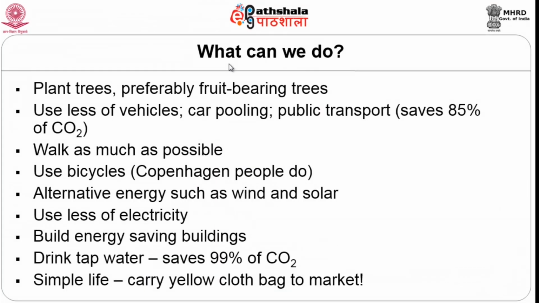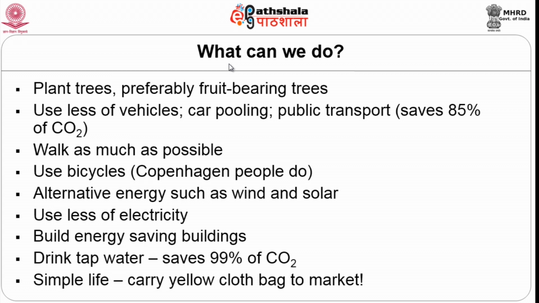One new approach is to plant fruit bearing trees. If you plant fruit bearing trees, even in your houses, or in others' houses as part of your tree planting campaign, people will welcome you to do that. And now that our agriculture research has progressed very well, we have hybrid trees, quick fruit bearing trees, so that you can get the best of the varieties.